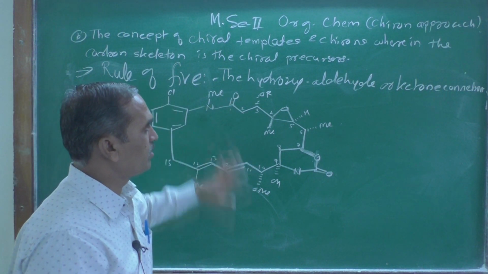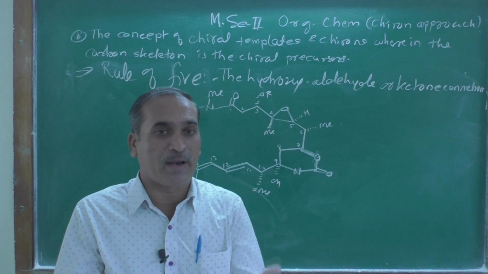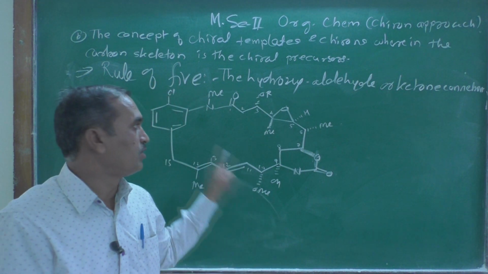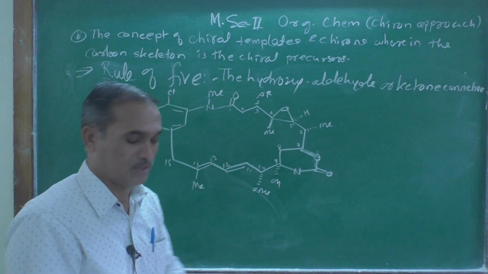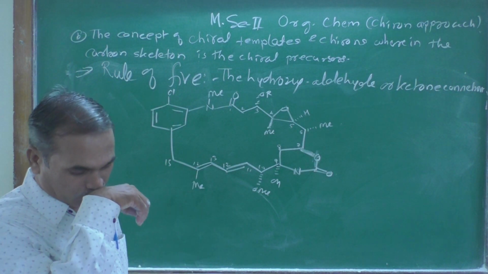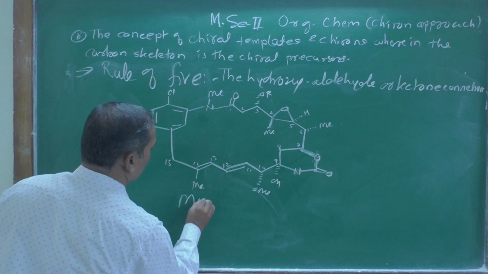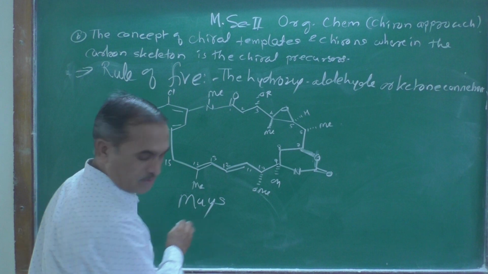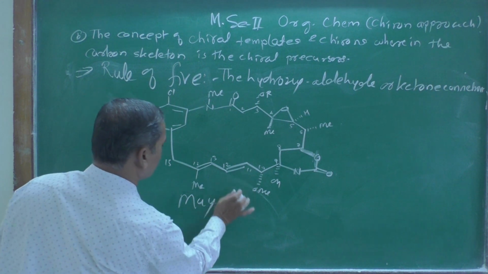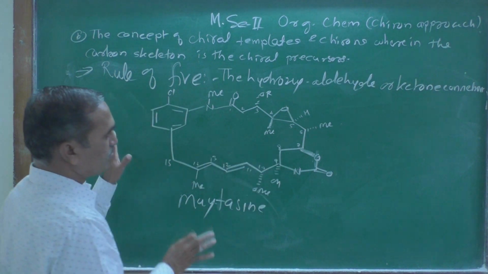So 15 carbons are there. How can we apply the rule of 5? This is one of the best examples. This is the target molecule, and the name of this compound is metacine.